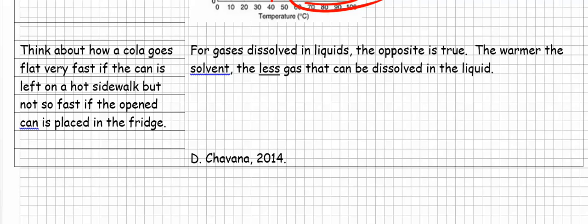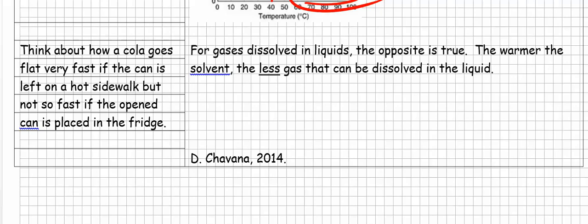All right. Folks, to elucidate that fact, we're going to think about a Coca-Cola. Everybody loves Coca-Cola, right? Think about how a cola goes flat very fast if the can is left out on a hot sidewalk, but not so fast if the open can is placed in the fridge.